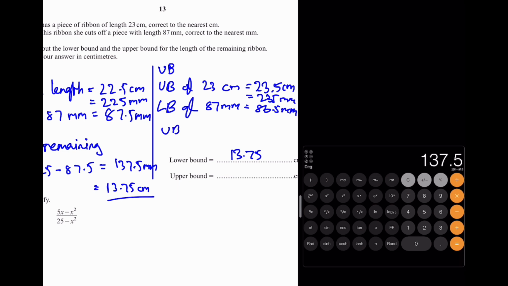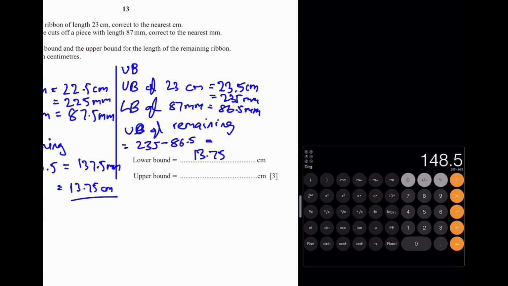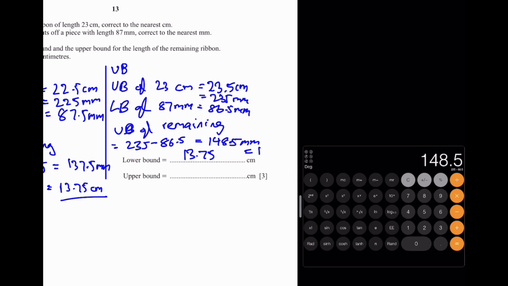So the upper bound of the remaining length equals 235 minus 86.5. Let's do that on the calculator. 148.5 millimeters, and that is 14.85 centimeters. That's the answer.